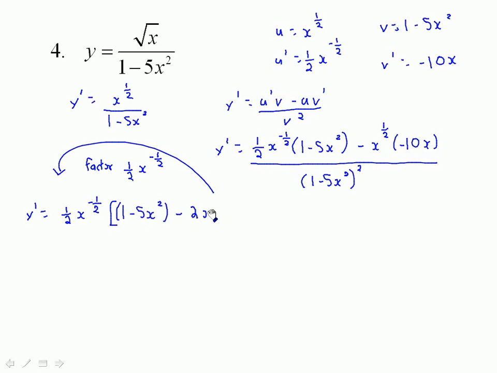As well, when you divide by negative 1/2, you multiply or you subtract. So be really careful. I'm not showing this in as much detail as I did in the pre-calc unit, but 1/2 minus negative 1/2 is x to the 1. And then we still have a factor of negative 10x.